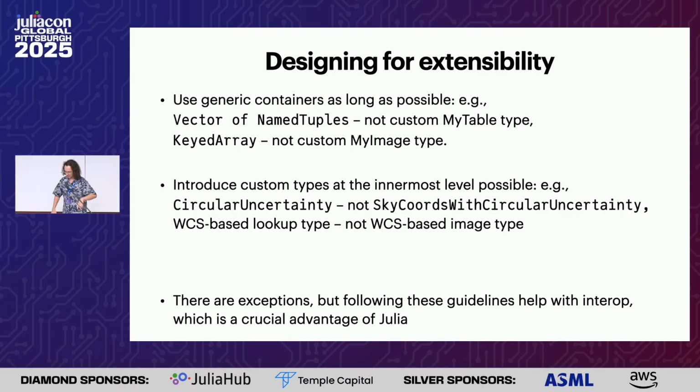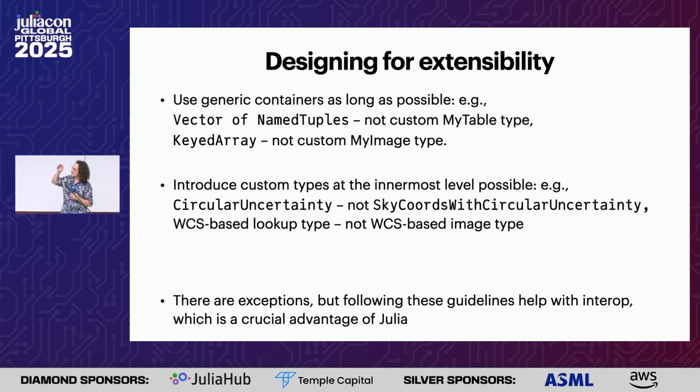And almost my last slide, regarding designing your data structures and functions for extensibility. I would really argue for using generic containers as long as possible. For example, not a custom table, but a vector of named tuples or a StructArray. Not a custom image, but a KeyedArray, and so on. And of course, sometimes you need to introduce custom types. I argue that they are better introduced at the innermost level possible.